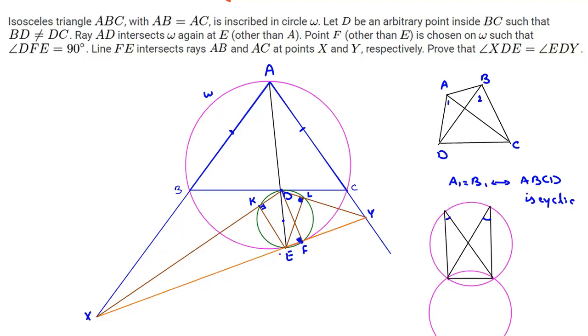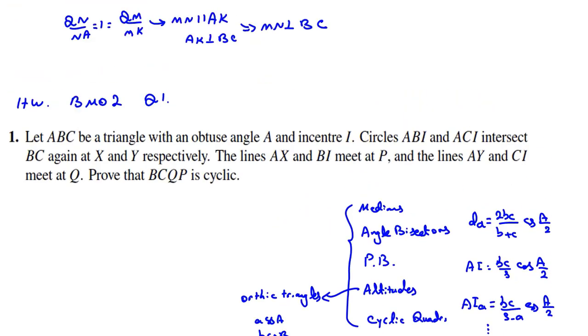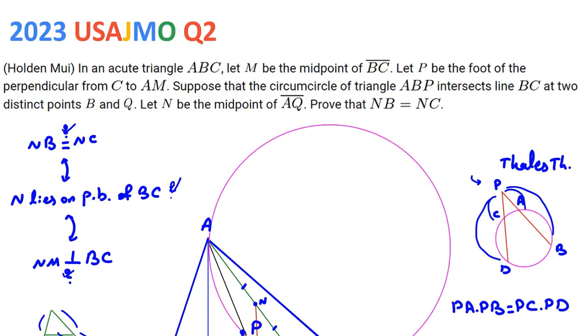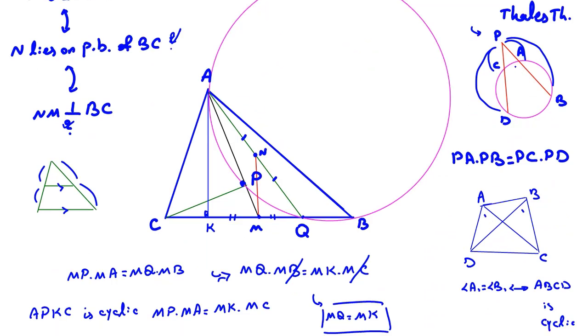Now here, like the previous geometry problem that we solved today, let me show you. The previous problem of geometry was this one. As you can see, here I told a property that if P is outside, PA times PB equal PC times PD.